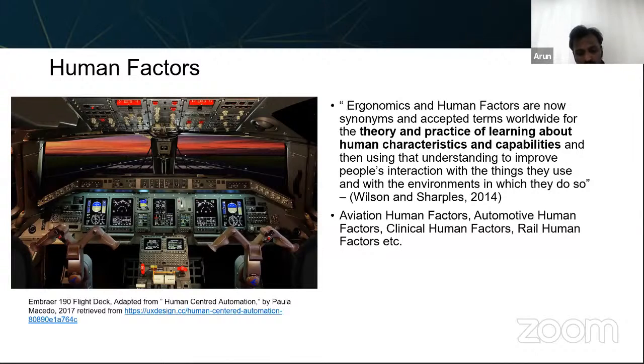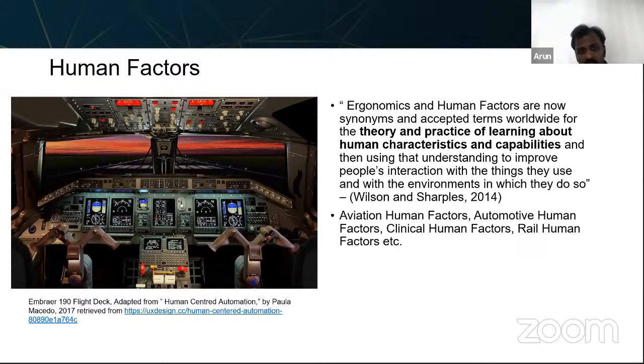But since the automotive domain is also evolving more into automated vehicles, I think things are getting complicated, where the drivers don't possess the same level of skill sets that the pilots possess. So that's why we have to make systems easier to understand, make them simpler. That's why human factors is very important and crucial, where they try to understand or design the systems based on human characteristics.